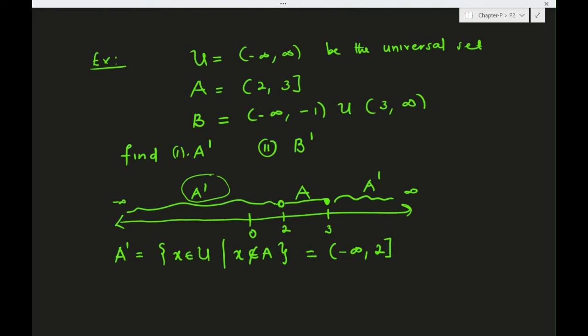Then union. Now in this second part, 3 is inside A, so you cannot take 3, because by definition, you need every element that is inside U but not in A. So you are going to start from 3 open to infinity. So this is A prime.